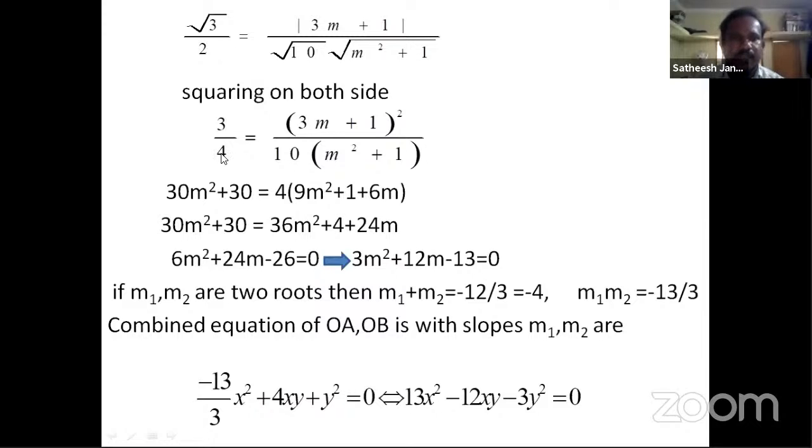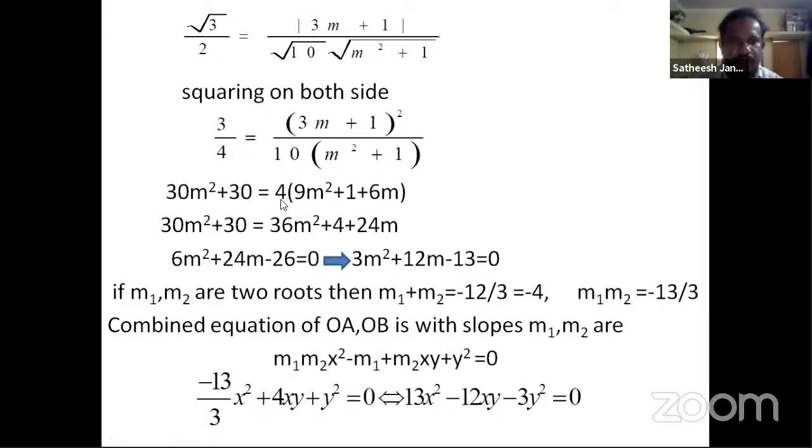We are multiplying by 4 and expanding (a + b)², so (3m + 1)² is 9m² plus 1 plus 2ab, where 2ab is 2 into 3m, that is 6m.